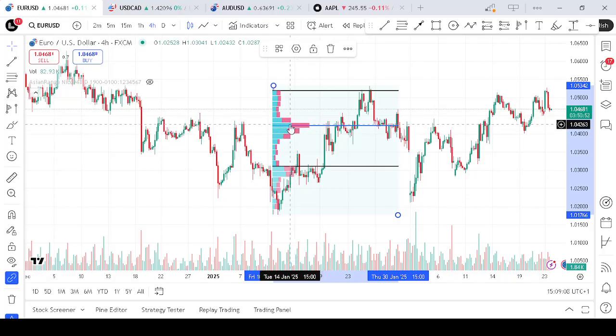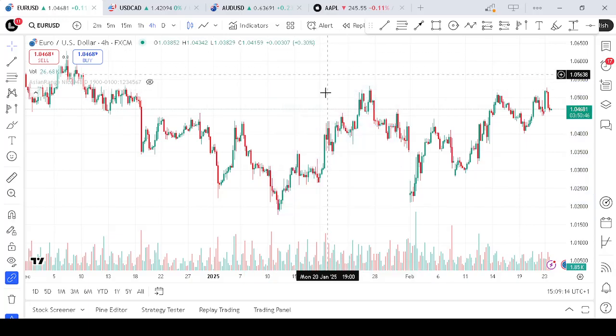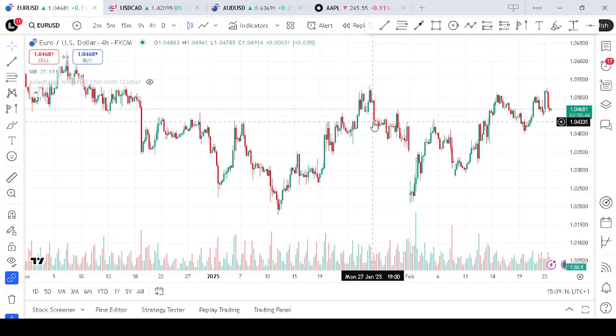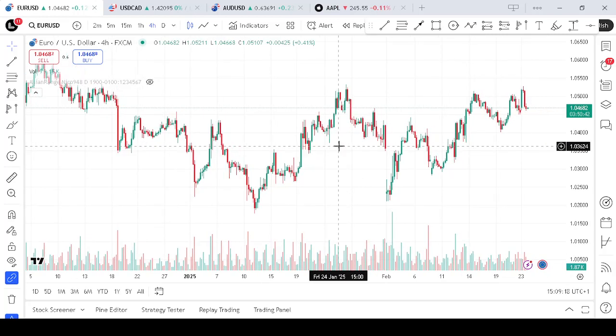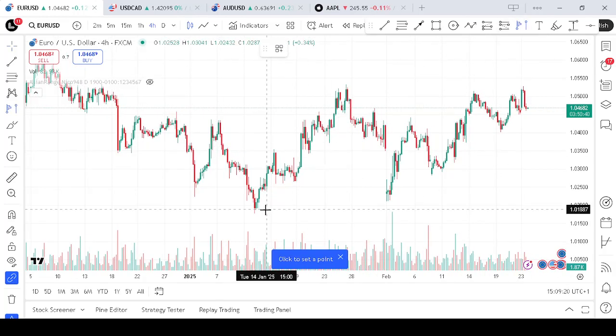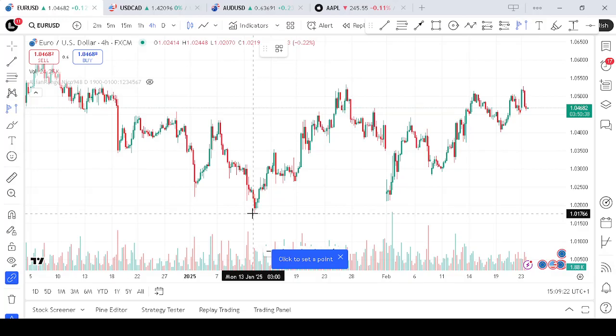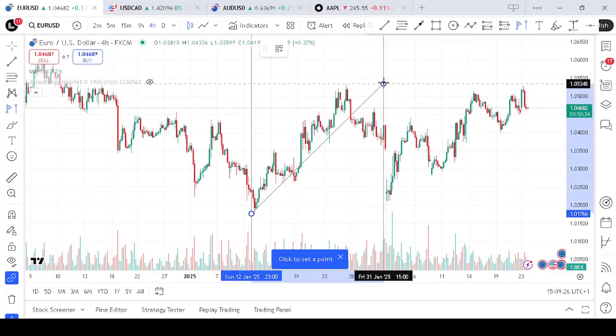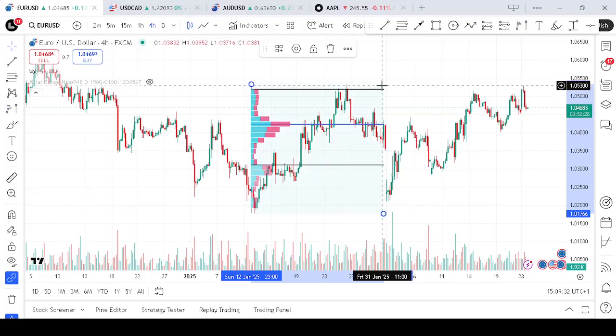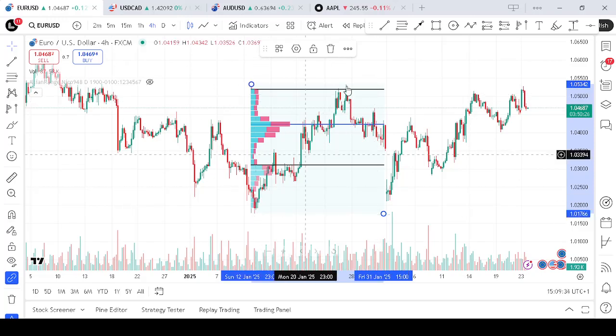Now let's see how we can use this FRVP indicator. The first step and guideline on how to leverage this tool is by setting up the FRVP indicator. This is how we set it up. We set it up by selecting a price range you would want to analyze, like from the low here to this high here.